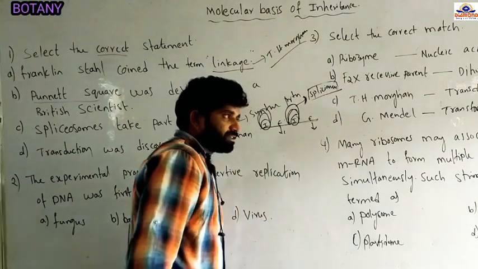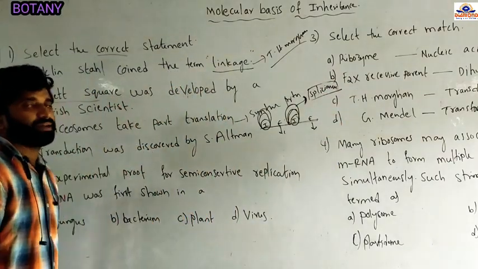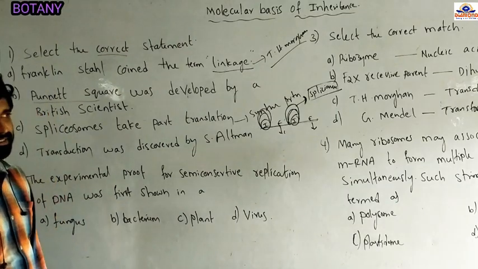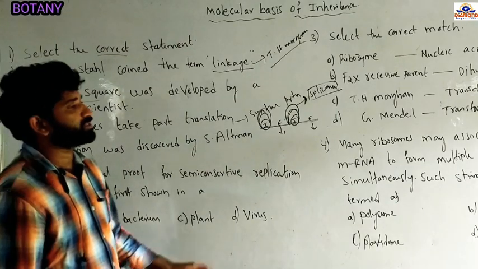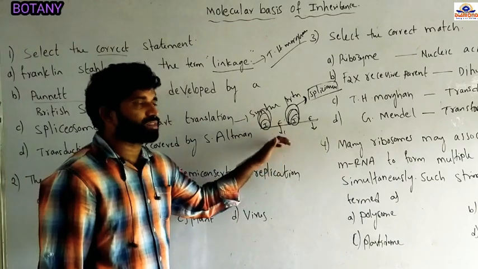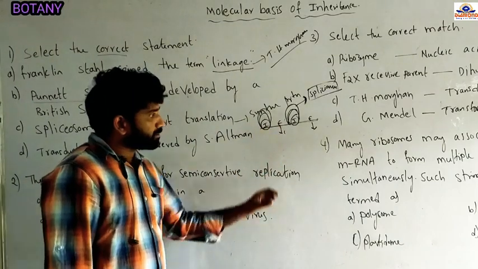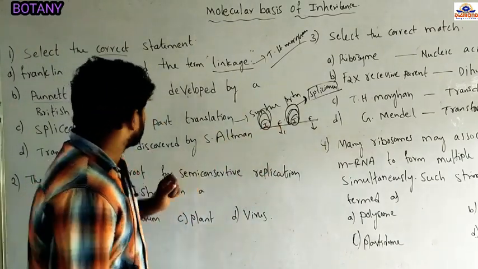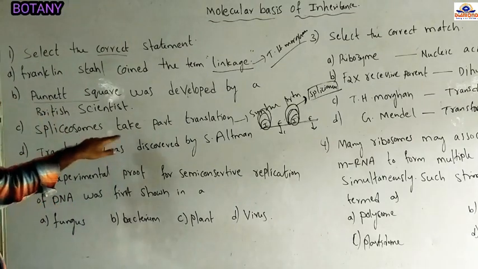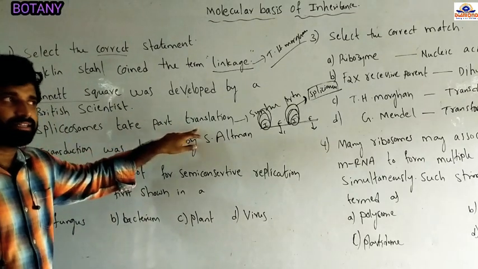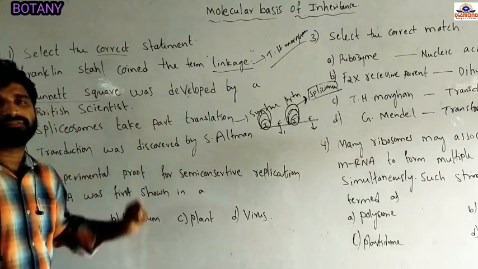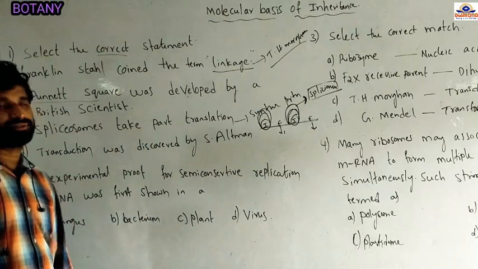The removal of introns from the exons is called splicing. So in splicing, a spliceosome enzyme-mediated process takes place. They have given that spliceosomes take part in translation, but it's not a part of translation, it's a part of transcription in eukaryotes.